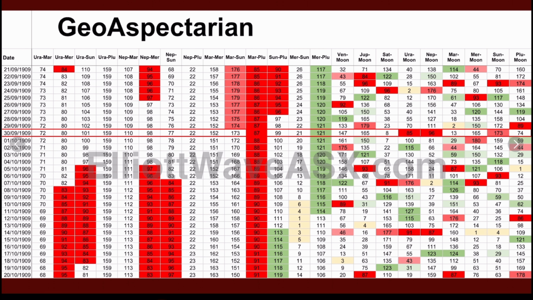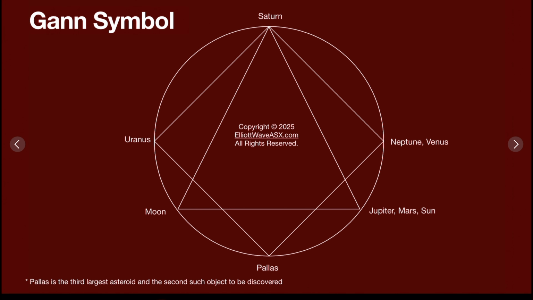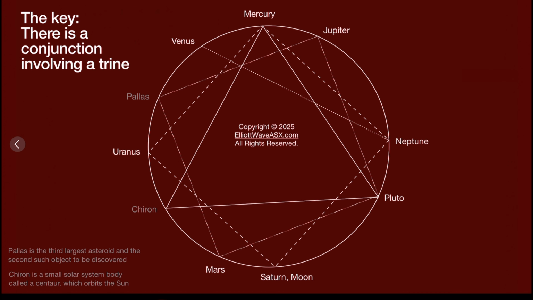Now in a previous video I've shown what's called the Gann symbol, where we've got a grand square and a grand trine at the same time. But on the 30th of September 1909, this was the pattern.